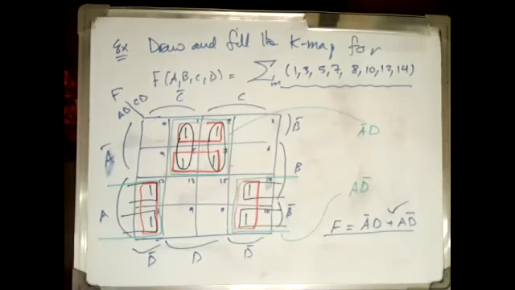It is not required in this course, but if you try to think how to lay out the 32 small squares that correspond to the minterms in the 5 variable case, you will end up that you cannot stick to 2 dimensions. You need to go to 3 dimensions. So if you are interested, check the slides and see how the 32 small squares are arranged in the 5 variable case. All right. Any question?